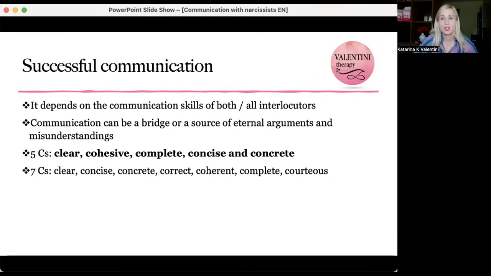Communication also has to be complete. If there is something that you need to say, say it fully, completely. Don't leave things out. Don't leave things unsaid. Tell the whole story. You have to be coherent. So if you start talking about something, then it has to be logical, it has to be coherent, it has to make sense, so that your narcissist does not go, "What the hell is she talking about?